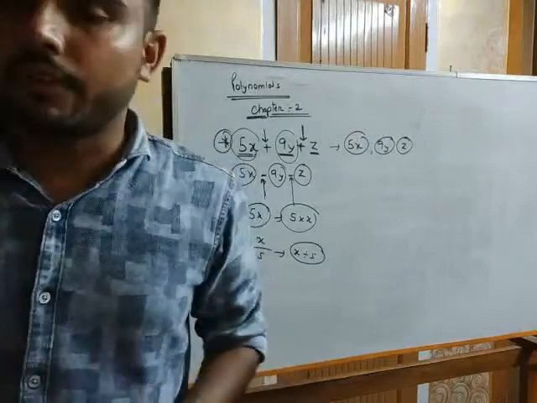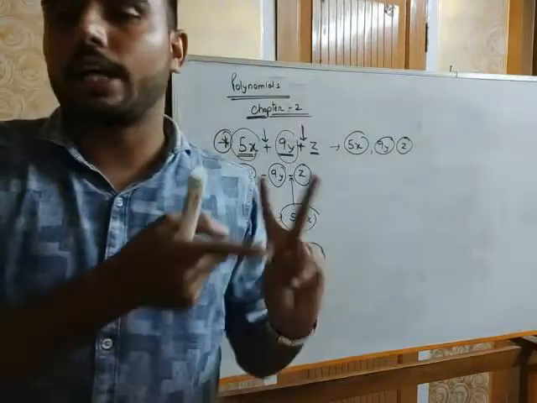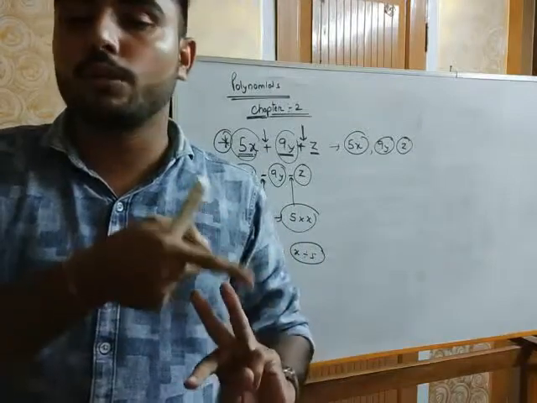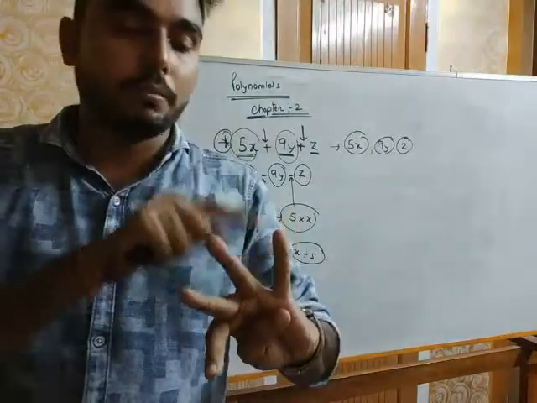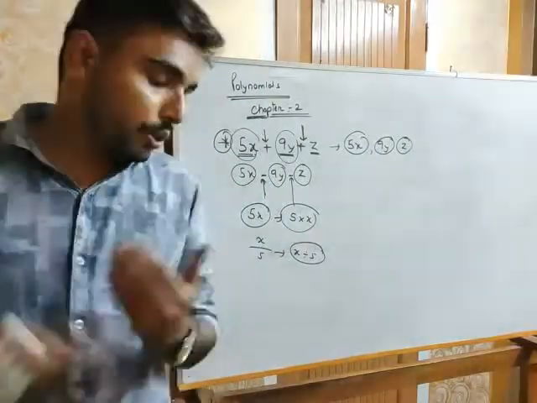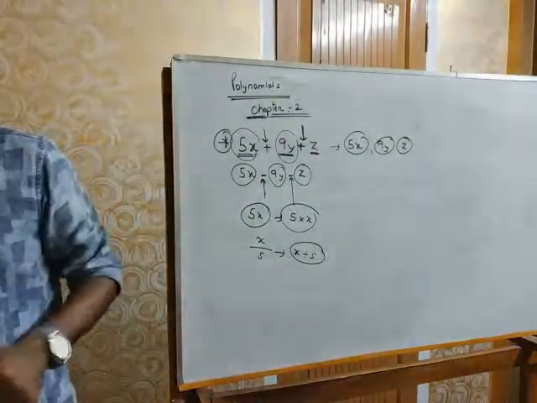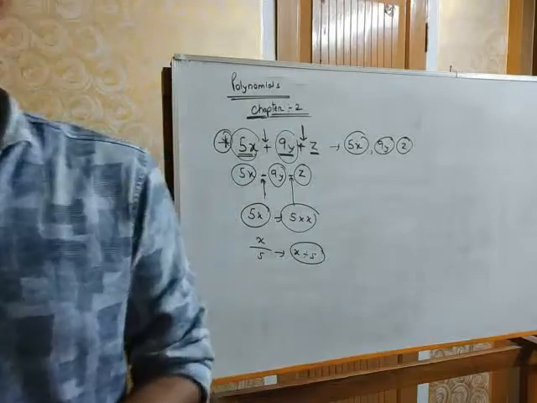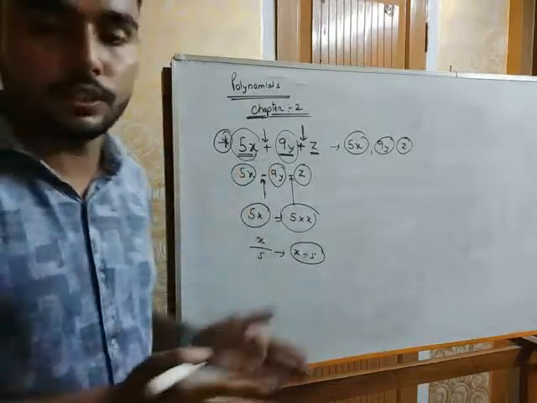Is it clear everyone? I told you about constant, I told you about variable, I told you about expression. Then the mathematical expression, that is algebraic expression. Then I came to terms. How terms are separated, what are the fundamental signs of operations. Till now we have discussed these topics.